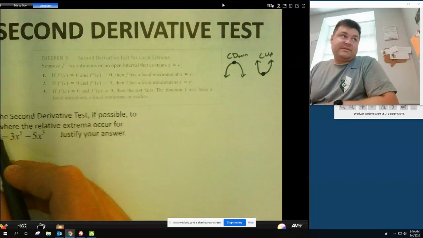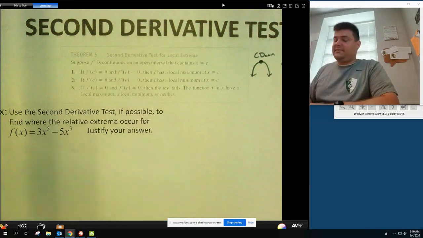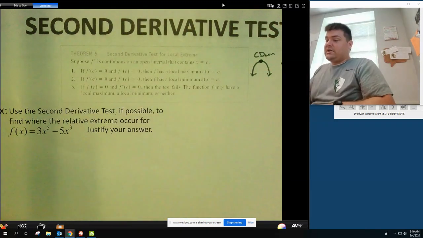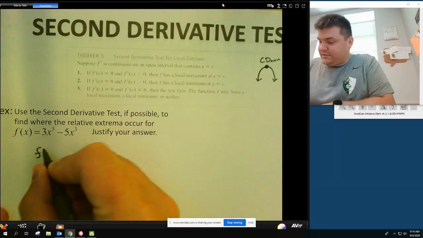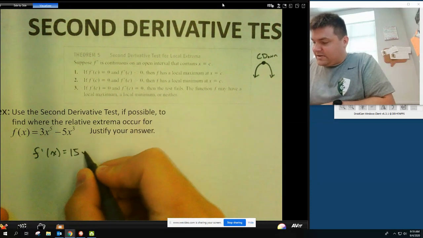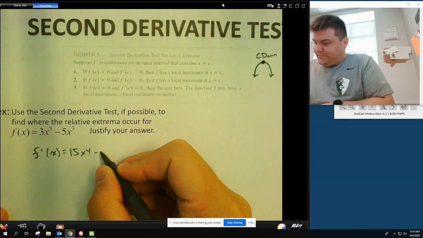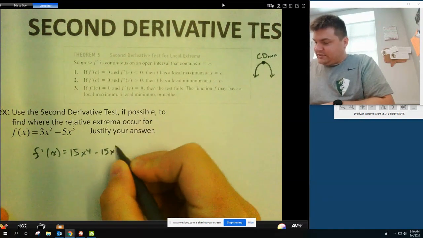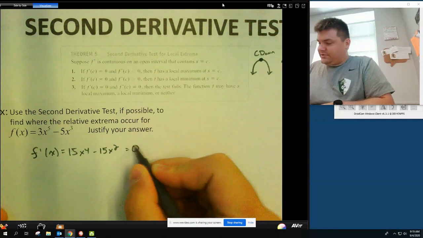Okay, so it says to use the second derivative test on this problem, if possible, to find where relative extrema occur for this function. So we need to find critical points, and then we need to find the second derivative. Critical points means we need to find the first derivative, which gives me 15x to the fourth minus 15x squared. We set this equal to 0.